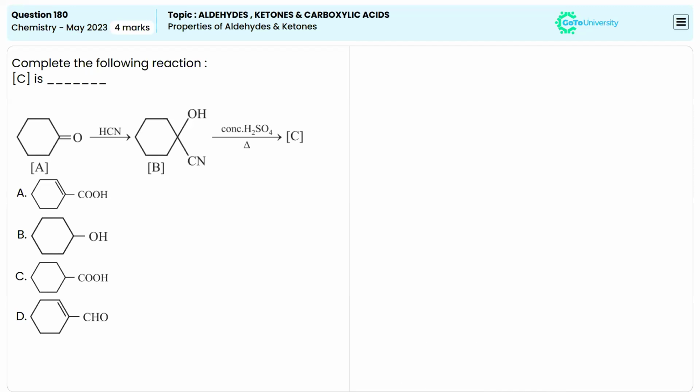In this question, we have to complete the given reaction. That is, in the first reaction, the given cyclic ketone is converting into a product B, and we have to find out what C is in this reaction. So here, the product B is reacting with concentrated sulfuric acid, right? So first of all, let us write the overall equation.